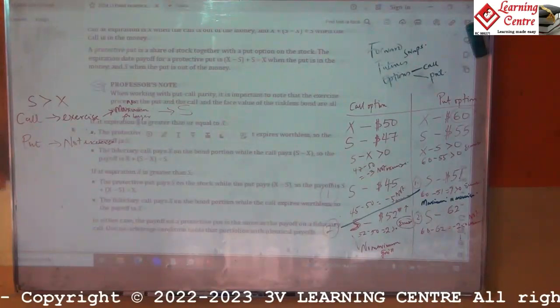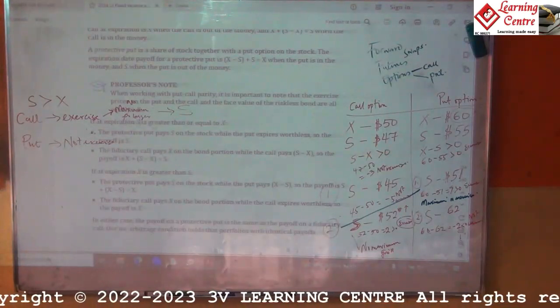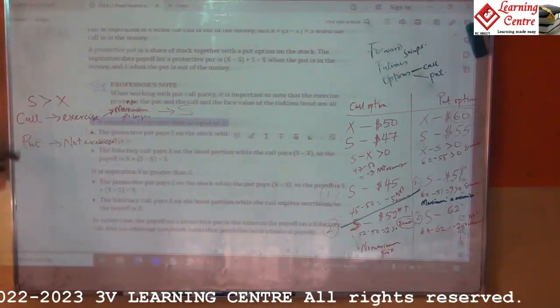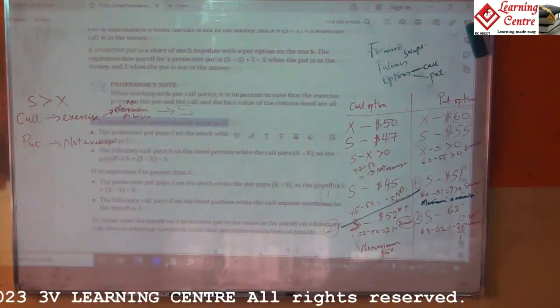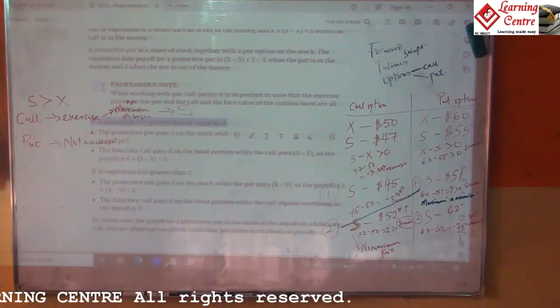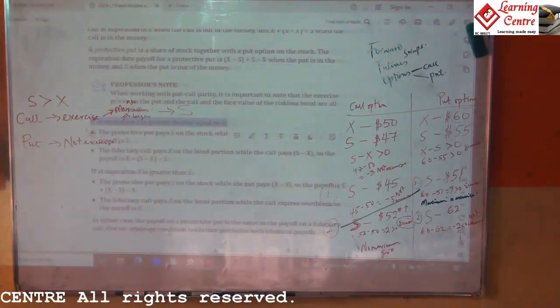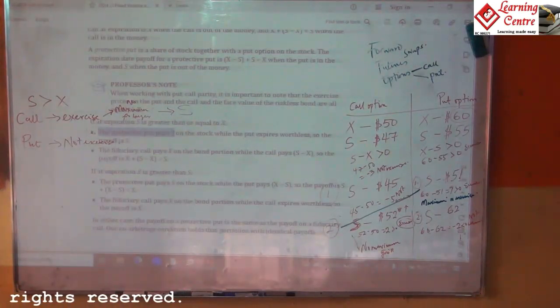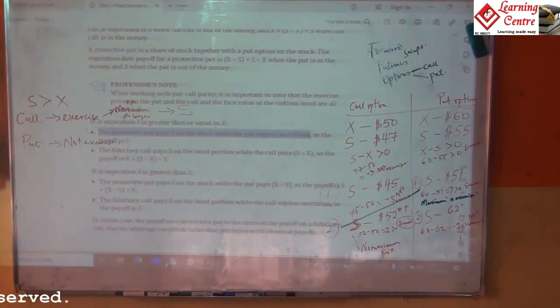Now, if at expiration S is greater than or equal to X, these are the two things you will do. But now let's relate it to these new things we've looked at. So, a protective put pays S on the stock, while the put expires worthless. So the payoff is S. What does that mean?